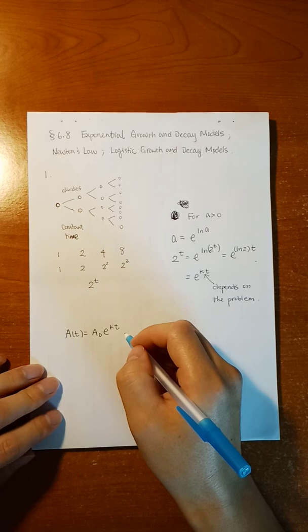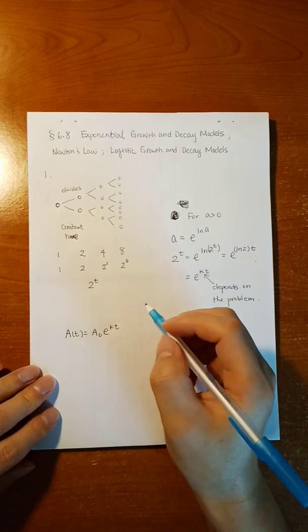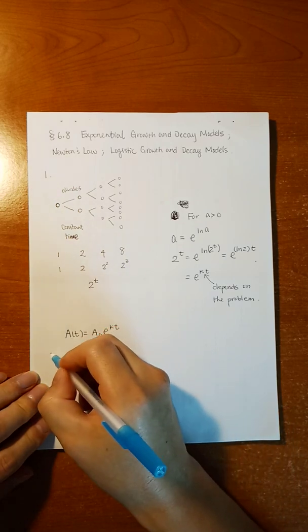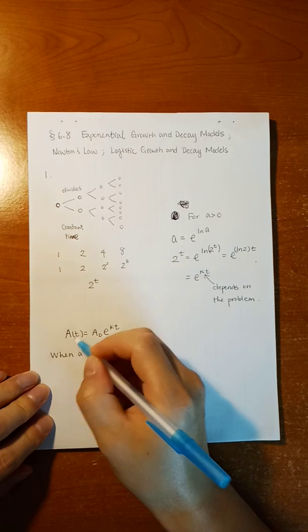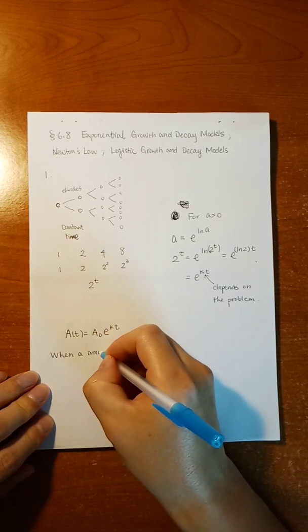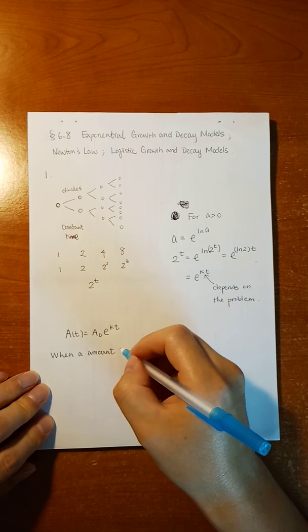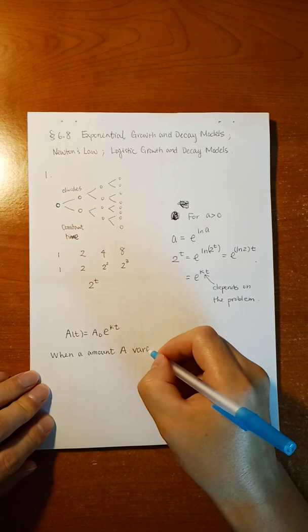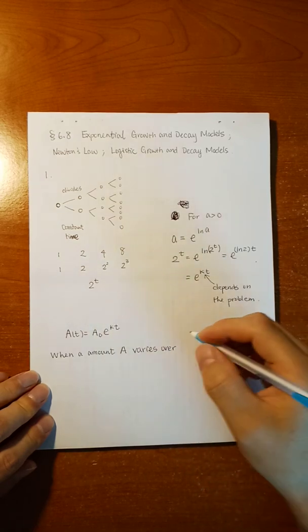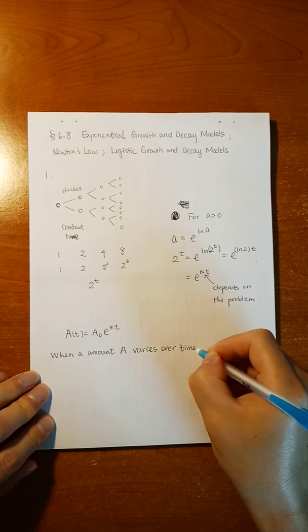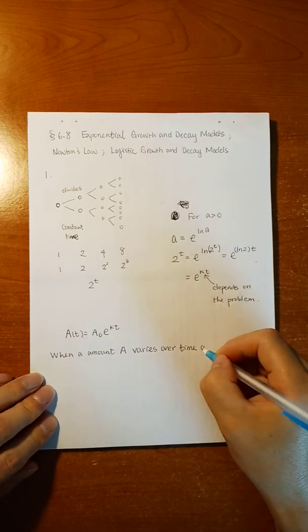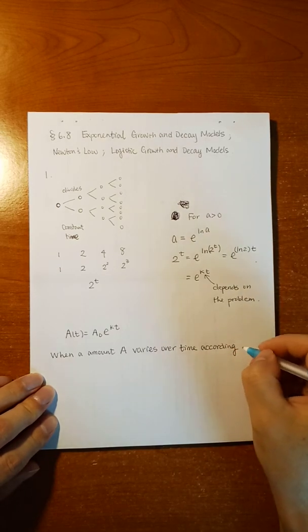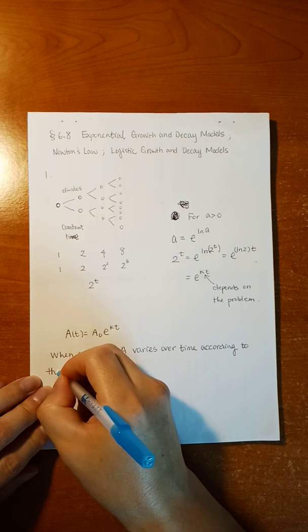It's called, let me say the name: an amount A varies over time according to the above equation.